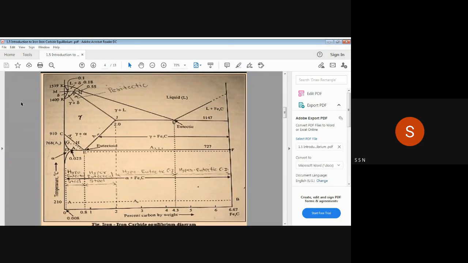Suppose you consider a temperature of 1147 as a constant temperature, starting from this to this. At that temperature, if the percentage of carbon is 2%, at that constant temperature and constant composition, the phase will remain constant.